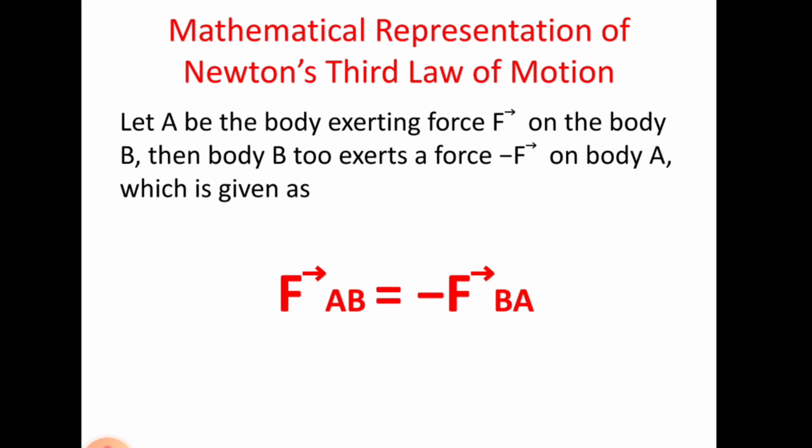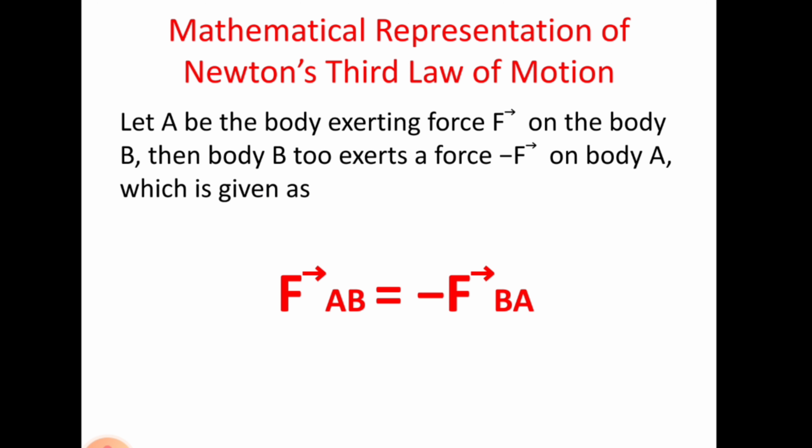If an object A exerts a force on an object B, then object B must exert a force of equal magnitude and opposite direction back on object A. So the mathematical representation of Newton's third law of motion: let A be the body exerting a force on the body B, then the body B too exerts a force in the opposite direction on body A. Because force is a vector quantity, we use vector notation.